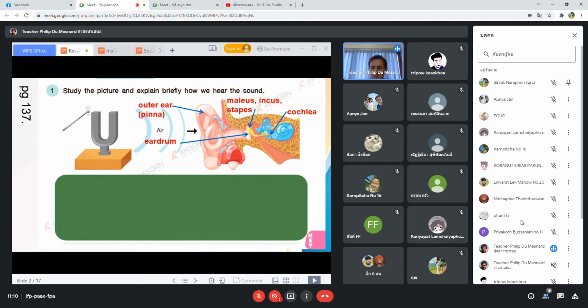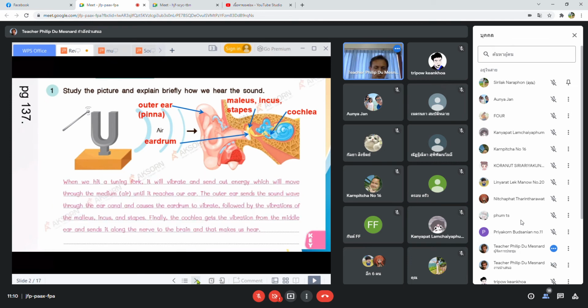Okay, maybe some students didn't see this question because you're a little bit late. It says that when you hit the tuning fork, it can be a musical instrument. Then the sound goes through the air, it goes to your ear, goes inside the ear, goes to the eardrum, and then there are 3 small bones: malleus, incus, and stapes.